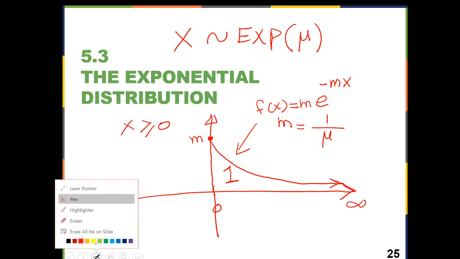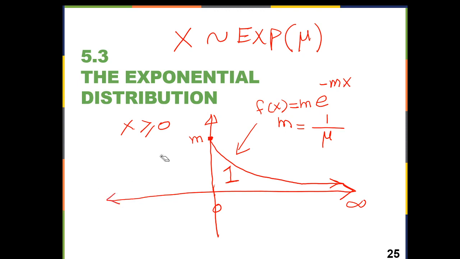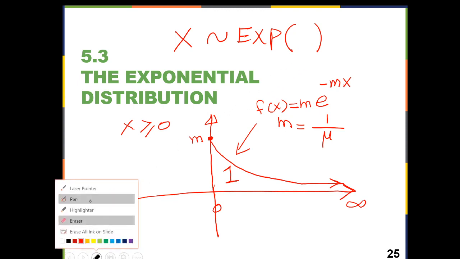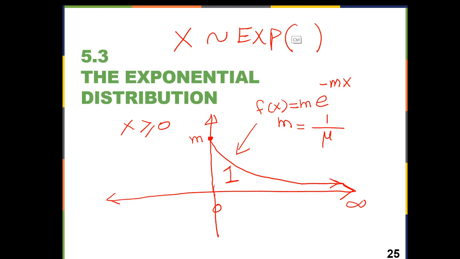They put the m there, not mu. And m is 1 over mu, or mu is 1 over m, the same thing.